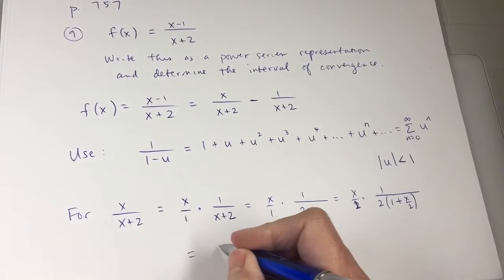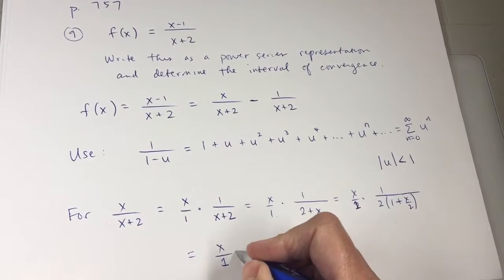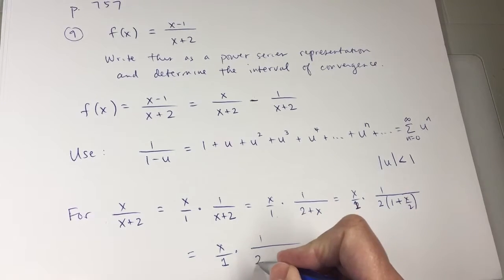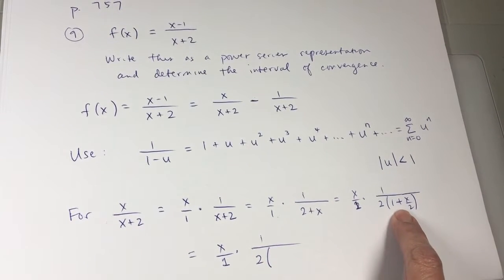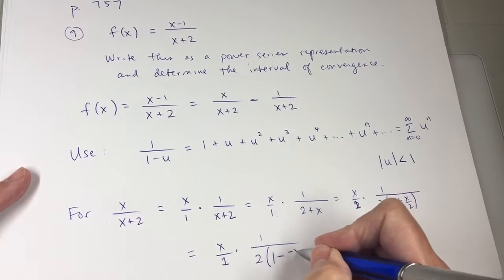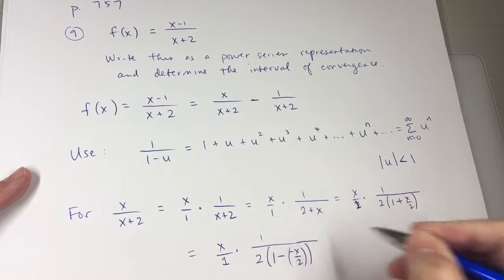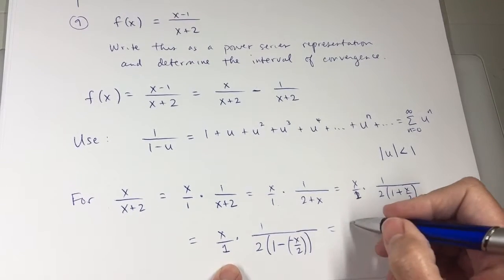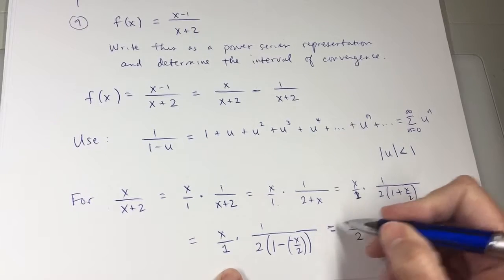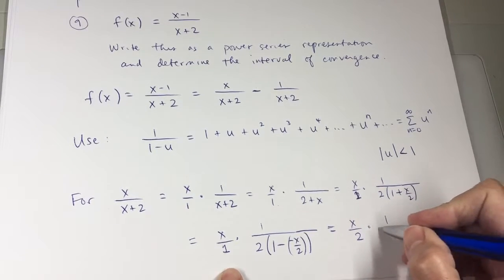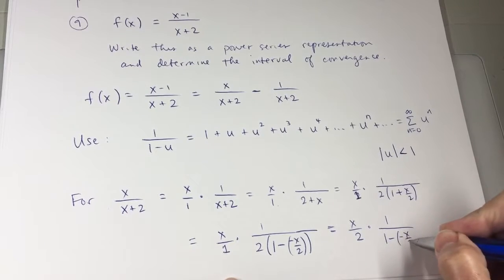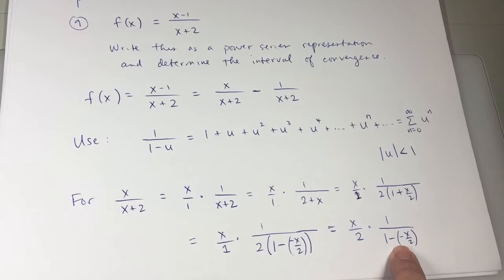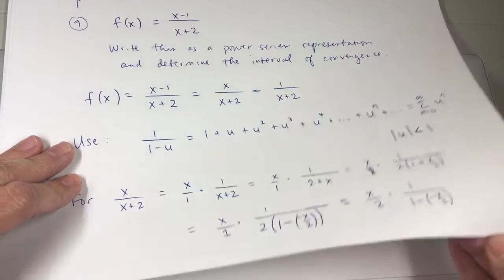So I'll rewrite this as x over 1 times 1 over 2, and then I need the minus sign, so I'm thinking minus negative x over 2: 1 minus negative x over 2. This 1/2 I factored out. Let's go ahead and write this as x over 2 times 1 over 1 minus negative x over 2. So this is what I'm going to write as a power series. And u would be what expression?